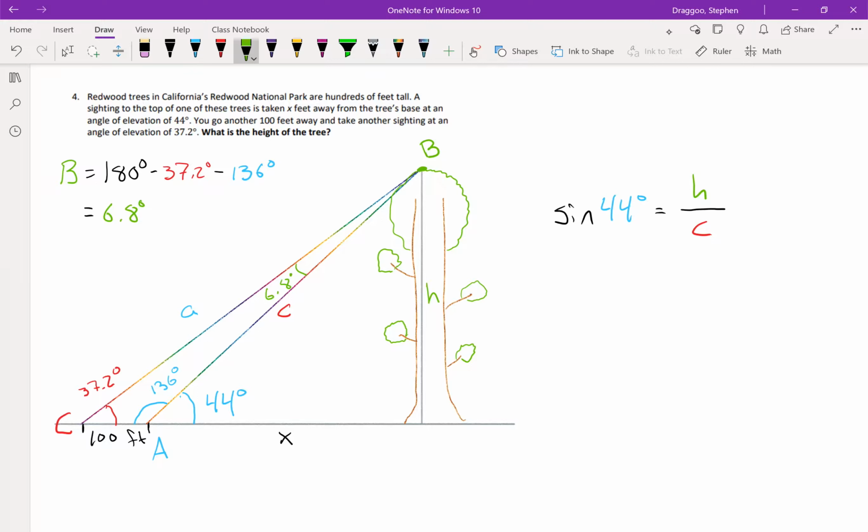Right, and now we'll use what we know in order to get the measure of length C. So from the law of sines, I should get that C divided by the sine of 37.2 degrees is equal to 100 feet divided by the sine of angle B, which would be 6.8 degrees.